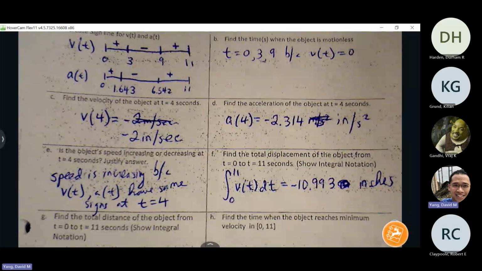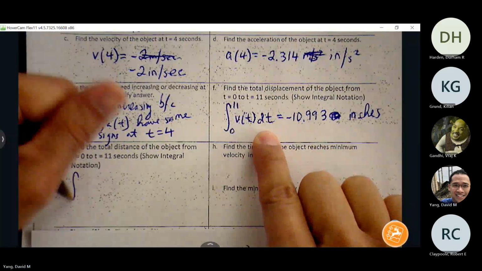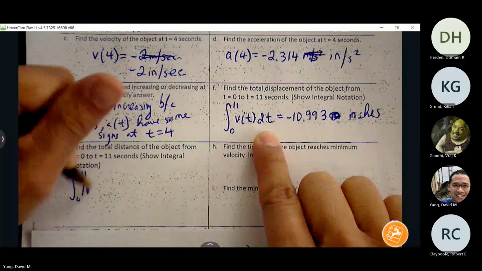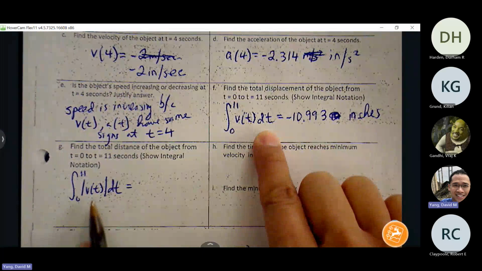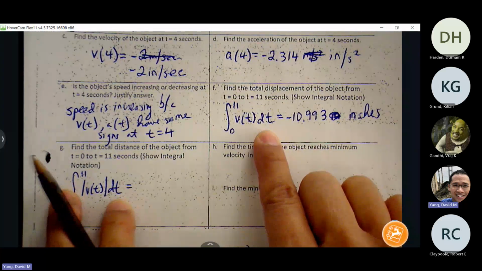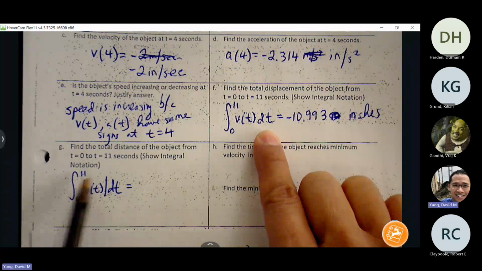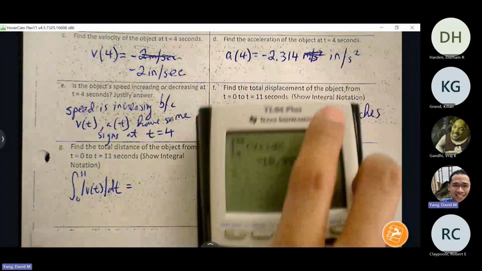Find the total distance. Distance, we do definite integral with absolute value. Absolute value only goes around the velocity function, doesn't go around the entire integral notation, just inside your integral, on either side of your velocity.